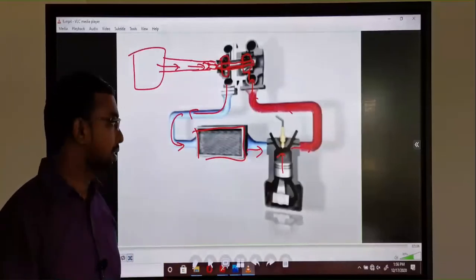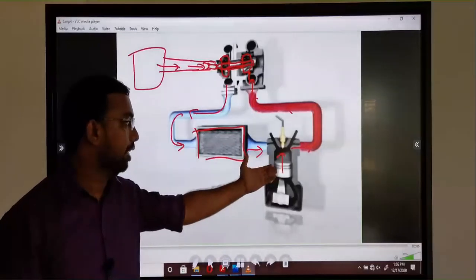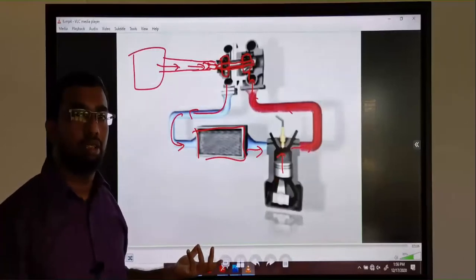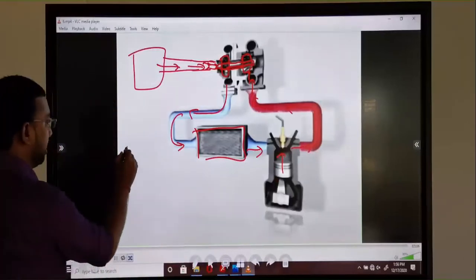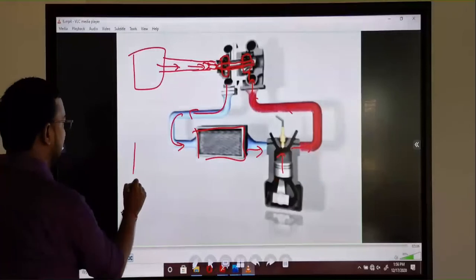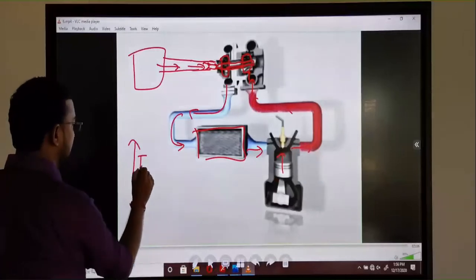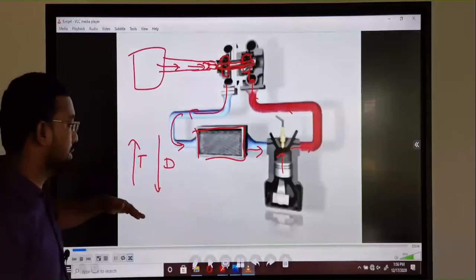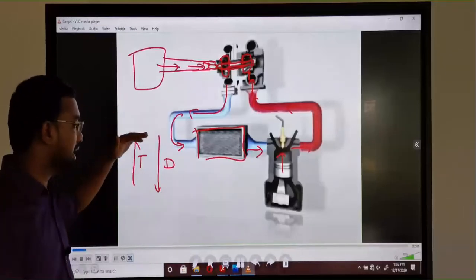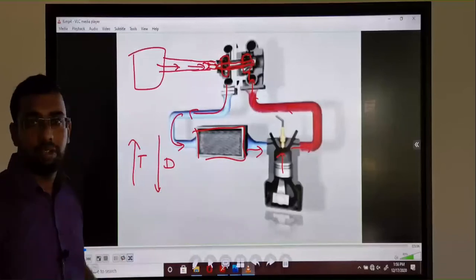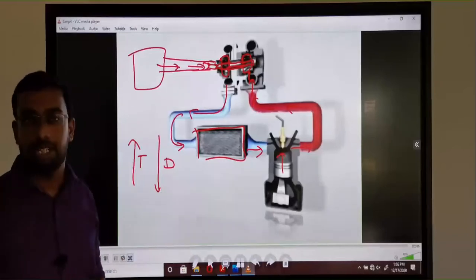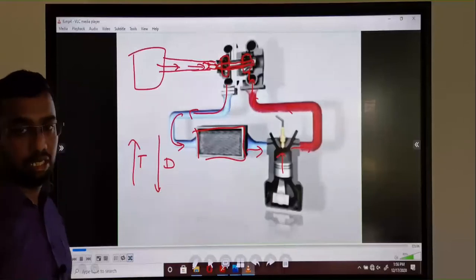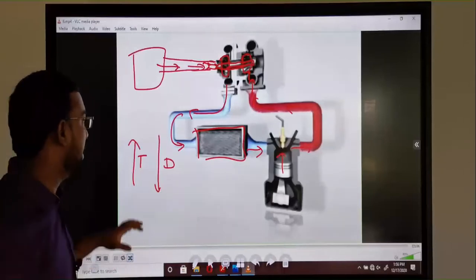Sometimes we can get an improper air fuel mixture because of the temperature. At the same time, when the air temperature is increased, the density of air is reduced. Because of that, if density is reduced, we cannot mix properly with the fuel. So we cannot obtain a proper air fuel mixture.